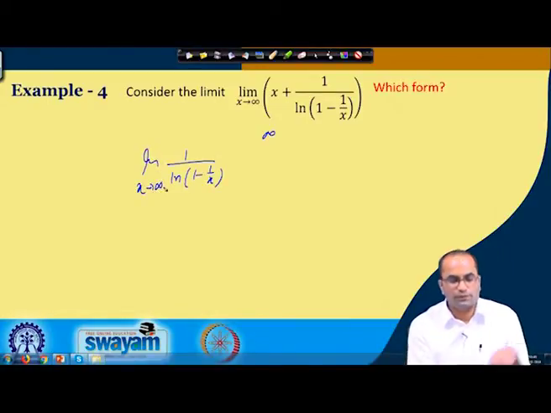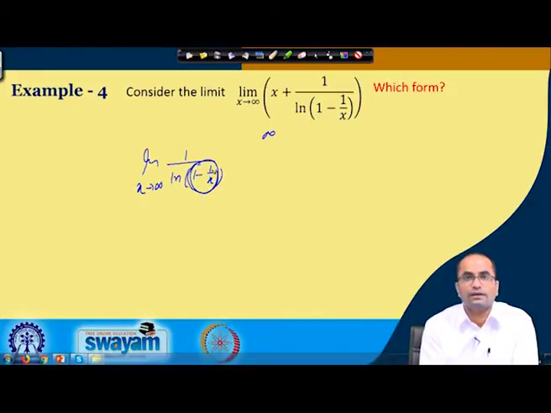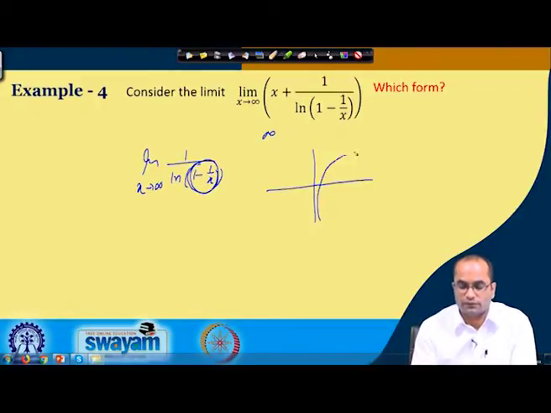So, here we have to be careful when x goes to infinity. So, this is 1 minus something, this expression here is 1 minus 1 over x. So, this is less than 1, and the logarithmic here ln. So, if we just draw the graph. So, here it is 1. So, less than 1, the logarithmic takes negative values.